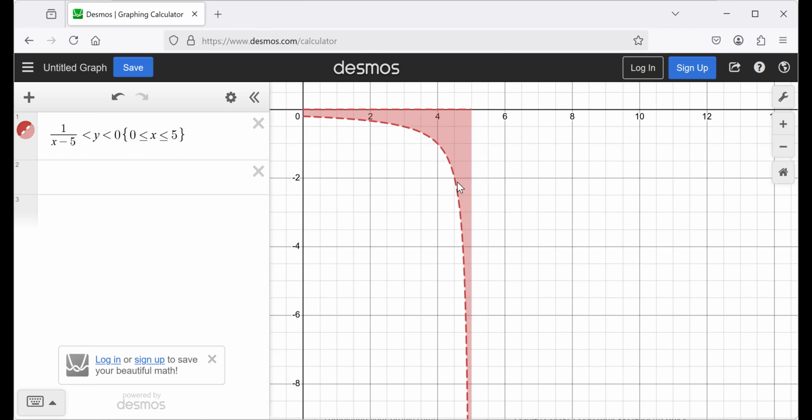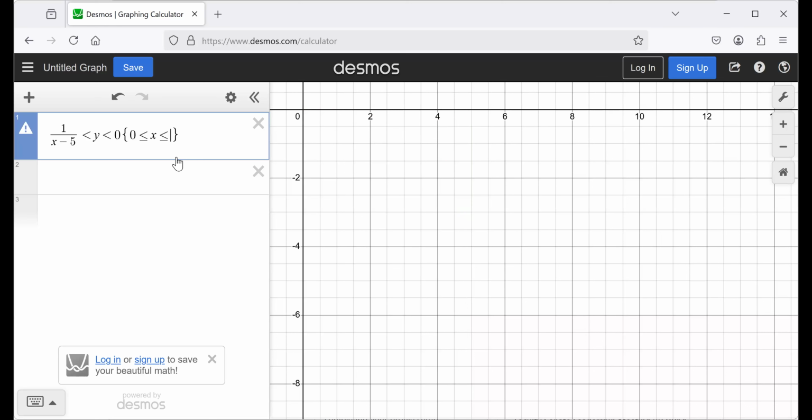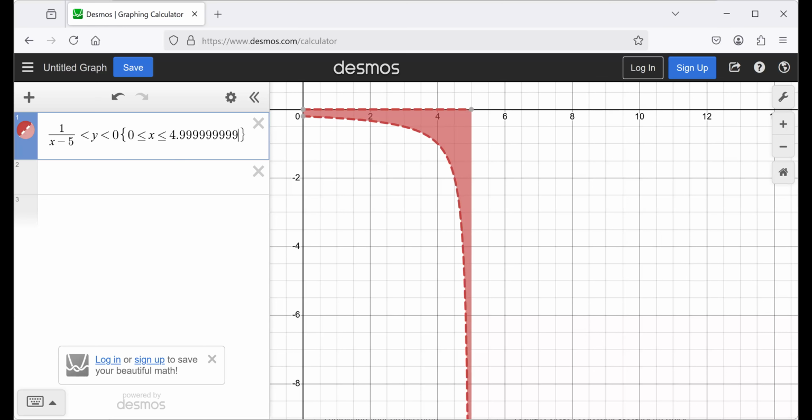It might exist, it might not exist. It's not going to exist, in fact, but we're now starting close to 5 here. And we're getting closer and closer to 5, and we're seeing what happens.